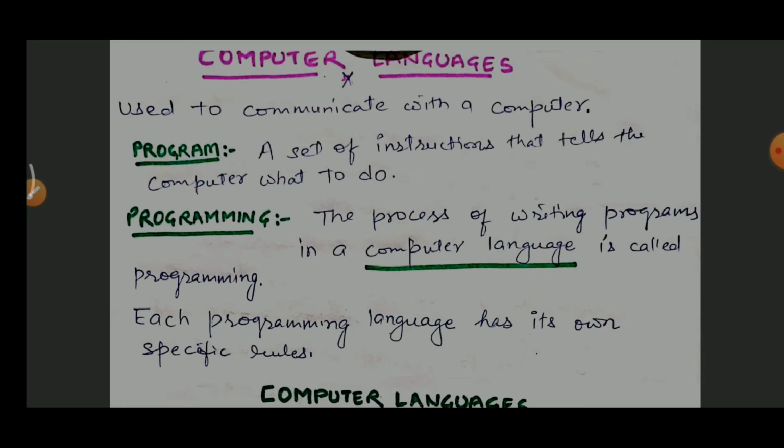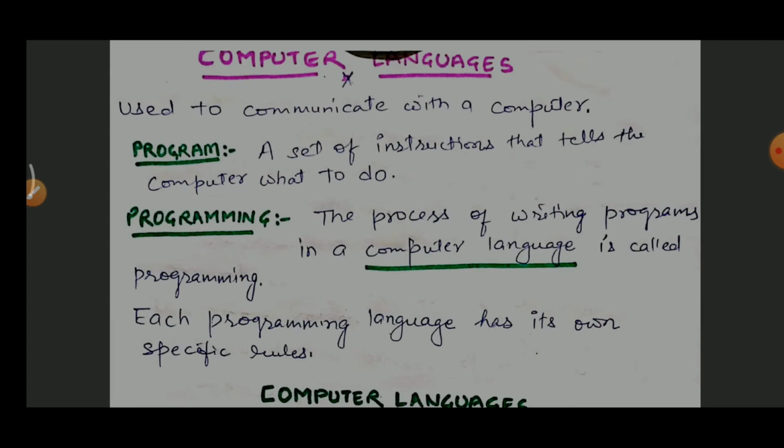So what is a program? A program is a set of instructions that instructs the computer what to do and how to do it. Programming languages or computer languages are used to write computer programs. One more term is there, that is programming. So what is programming?